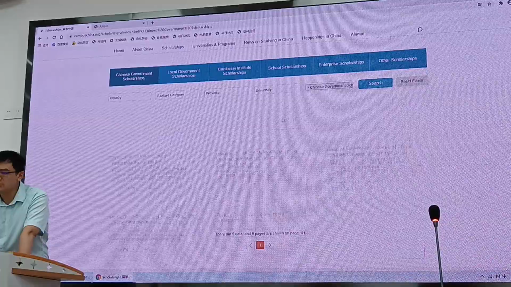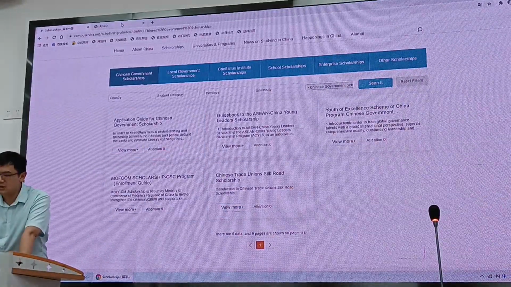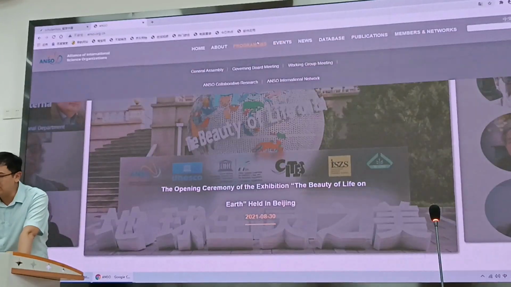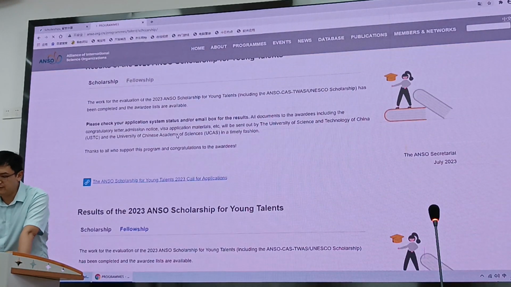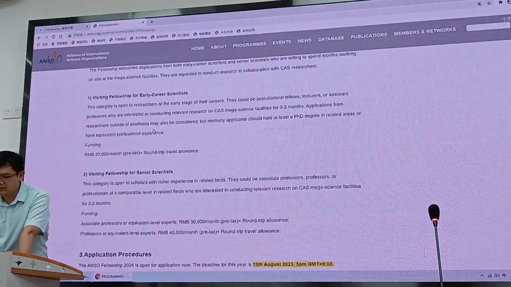You will see a lot. So try to look at all these different types. And for the ANSO, you will see programs, fellowship and scholarship. These are for young talents and for mega science facilities. For young talents, it's open for a lot of fellowships.